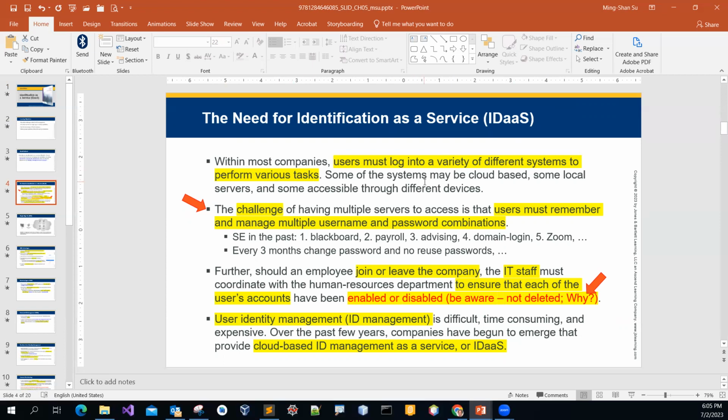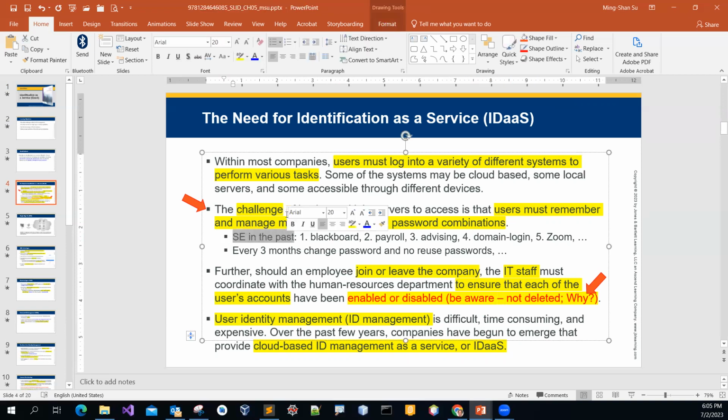Some of the systems may be cloud-based, some local servers, and some accessible through different devices. And the challenge of having multiple servers to access is that users must remember and manage multiple username and password combinations.